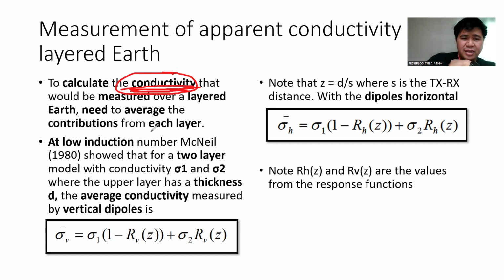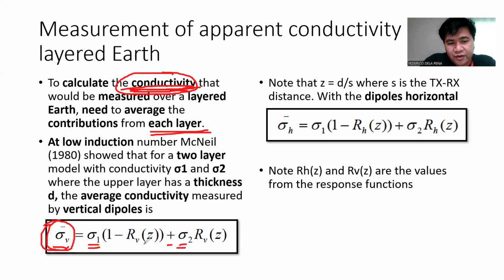And for a layered subsurface, okay, this is the function which predicts the apparent conductivity based on the conductivities of your layers. Okay.